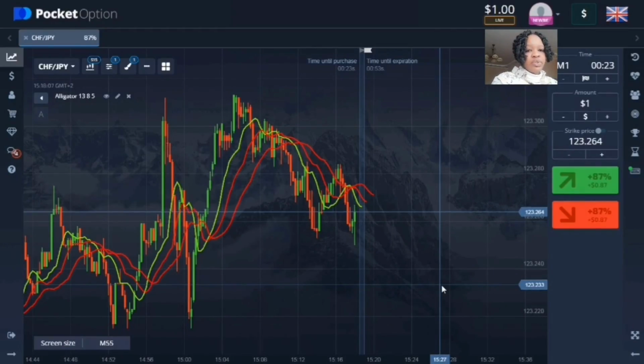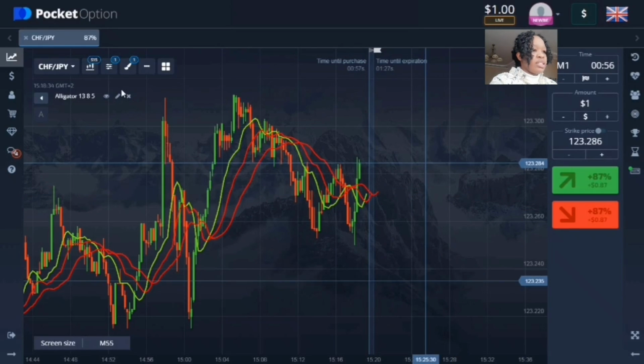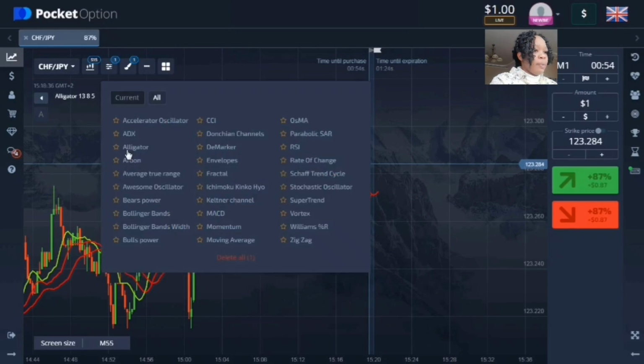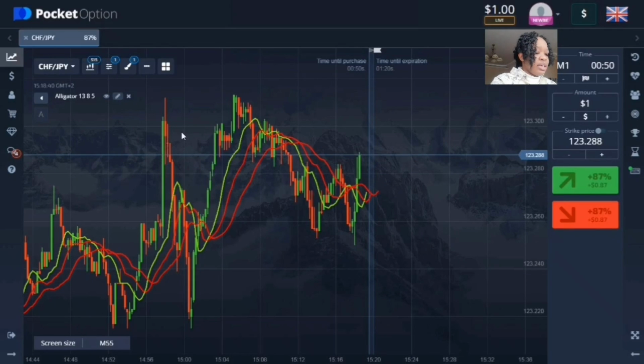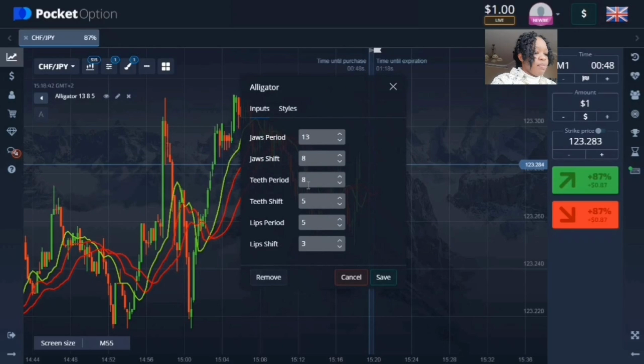Hi guys, as I said, today we'll be using the alligator indicator to trade. The alligator indicator helps you to know which entry point to enter a trade, and it also helps you to identify a point of reversal. To look for the alligator indicator, you need to click this box right here. On this box, look for alligator, then click on it, and as you can see, another box has come.